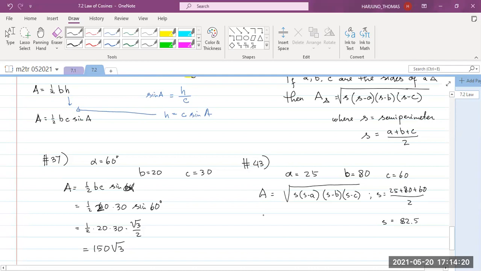So the area is the square root of 82.5 times (82.5 minus 25) times (82.5 minus 80) times (82.5 minus 60).